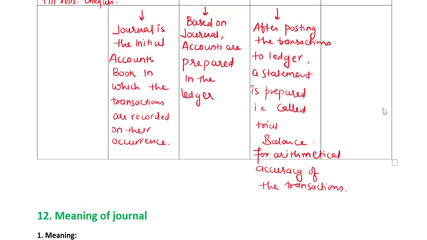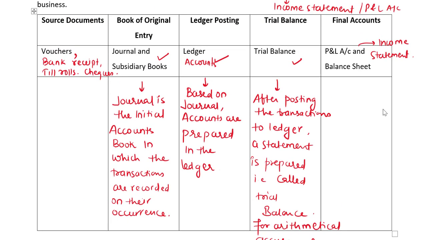And at last, these two accounts, that is profit and loss account and balance sheet, are prepared. So basically the profit and loss account is known as performance statement.